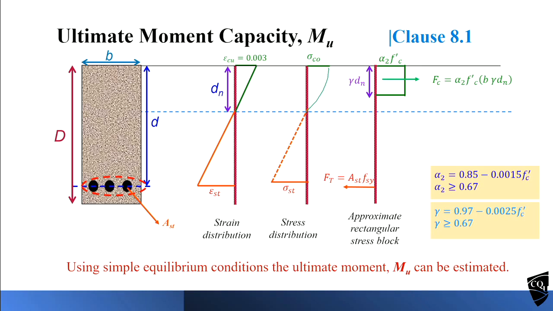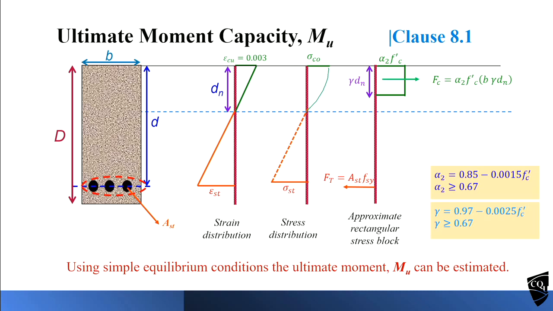So when you have the tension on the bottom, you need to provide some steel. So I provide some steel bars. I don't know how much yet. So I put the area of the steel bars as Ast.